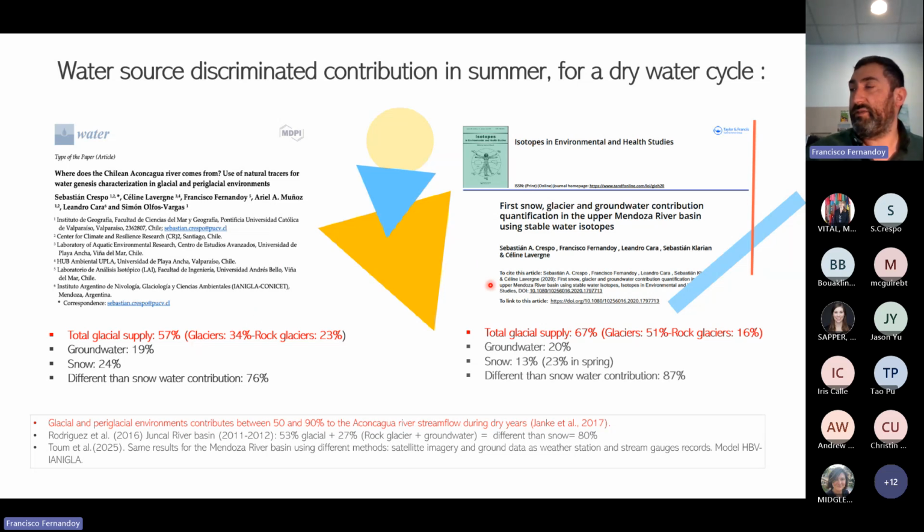But on the Argentinian side, looking at the Mendoza region, these supplies can be even more important. So there are a lot of things that we have learned. For example, rock glaciers, something that we haven't been able to determine in the past, and we know that they are much more important than we thought in the past.